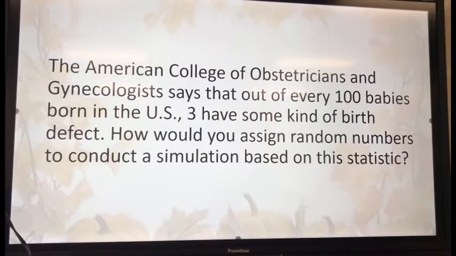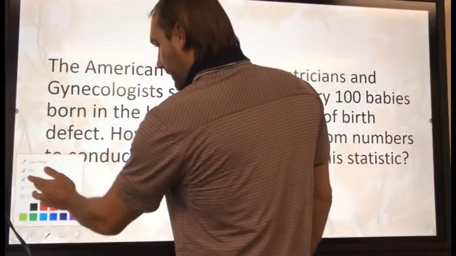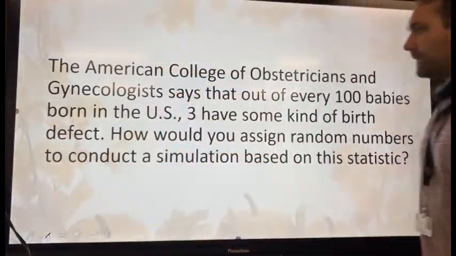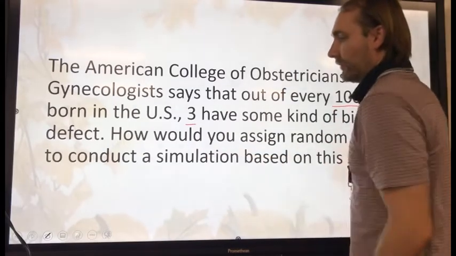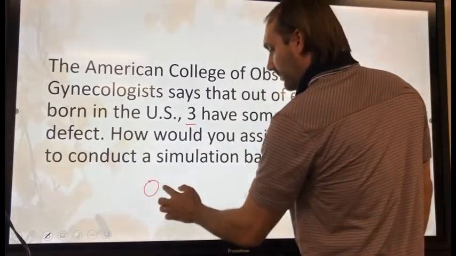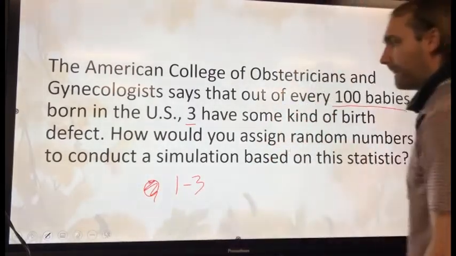The American College of Obstetricians and Gynecologists says that out of every 100 babies born in the U.S., 3 have some kind of birth defect. How would you assign random numbers to conduct a simulation based on this statistic? So we want to use a random number generator. I have how many total? 100. How many have a defect? 3. So why do I say randomly select between 1 and 3?